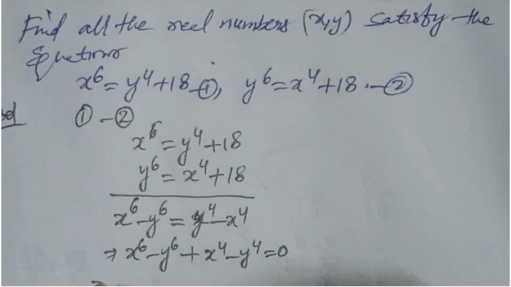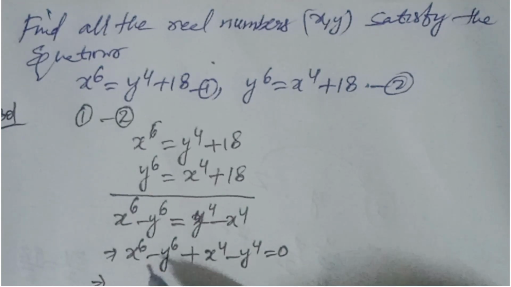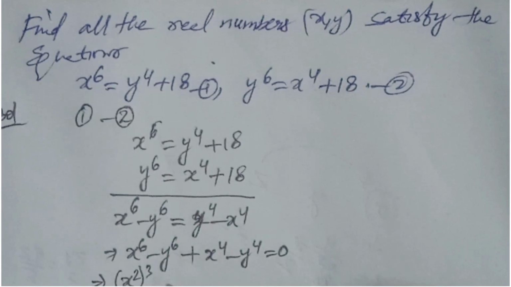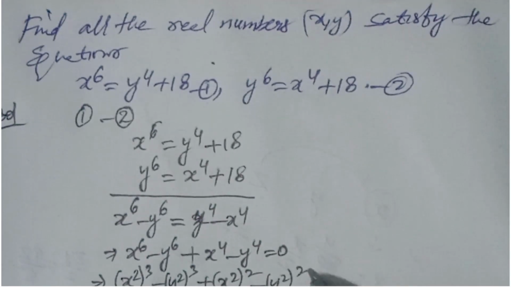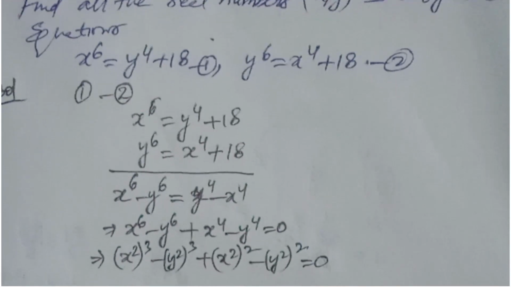So this can be written as x cube whole square or x square whole cube. So x square whole cube minus y square whole cube. This can be written as x square whole square minus y square whole square equal to 0.